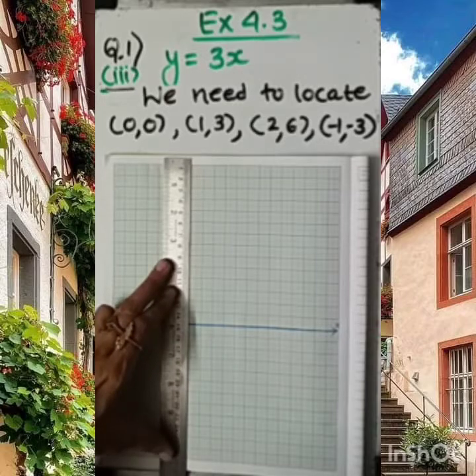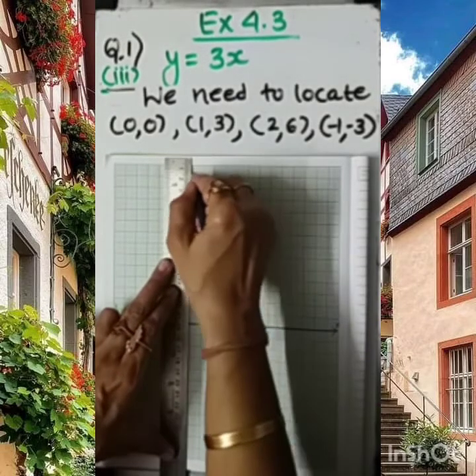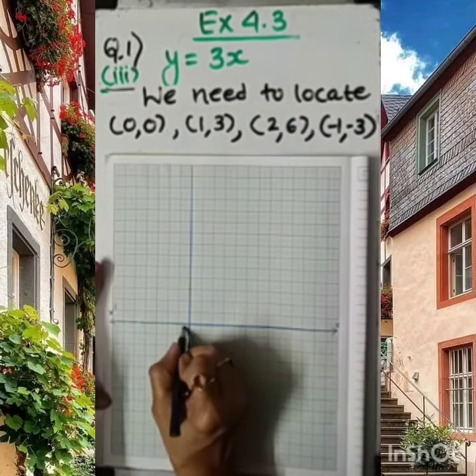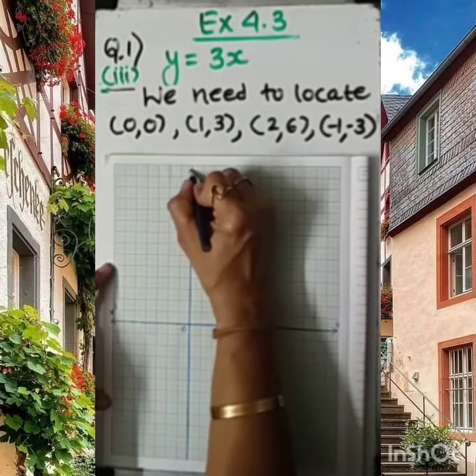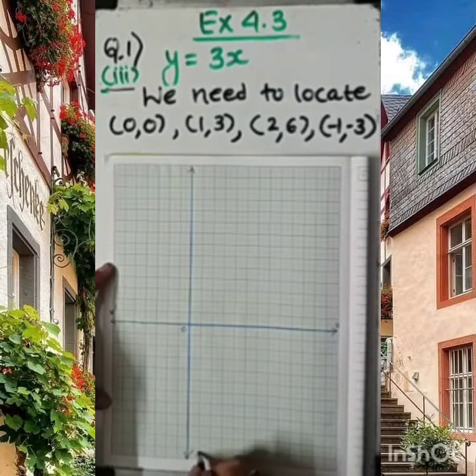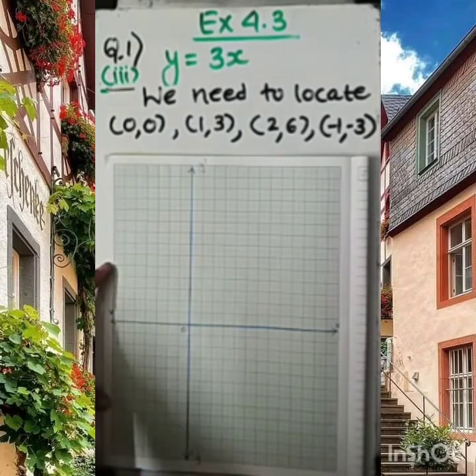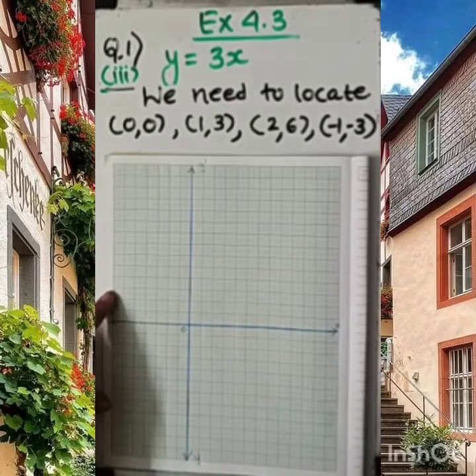Carefully, I am drawing one vertical line which intersects the x-axis at this point, and let me call this origin O. So keeping all these things in mind, please mention everything, whatever the required details before we draw the graph. Now we need to locate these points on a graph paper.